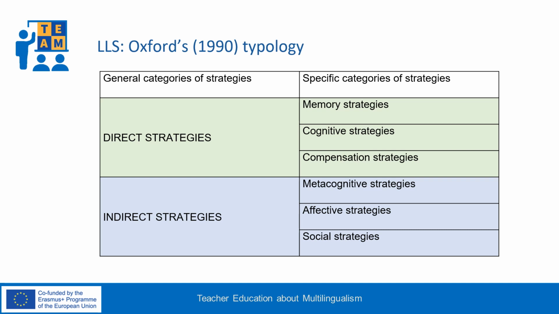Within the group of indirect strategies, we can distinguish metacognitive strategies, for example, arranging and planning your learning, evaluating your learning, affective strategies, for example, lowering your anxiety, encouraging yourself, and social strategies, for example, asking questions and cooperating with others.